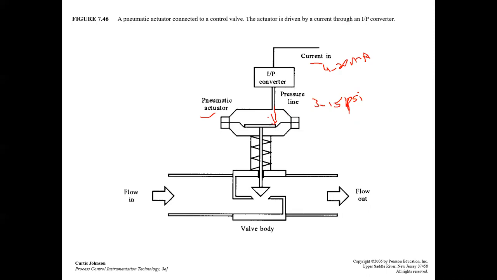This pressure will generate a force depending on the area of this head here, because you know the pressure is equal to force divided by area. The area here is the diaphragm area. This diaphragm is fitted between 2 points, this point and this point.